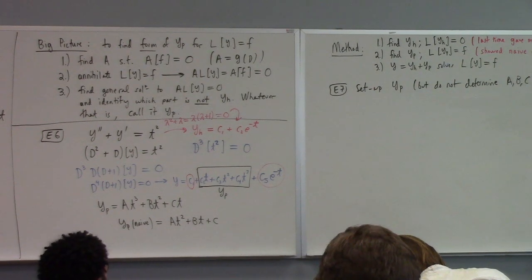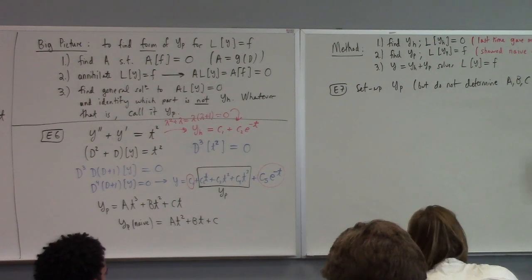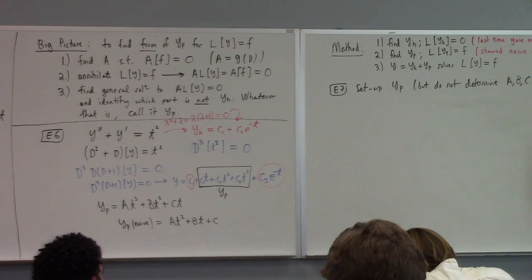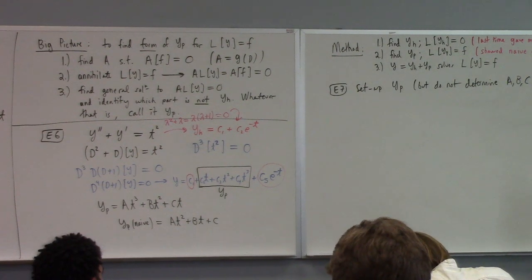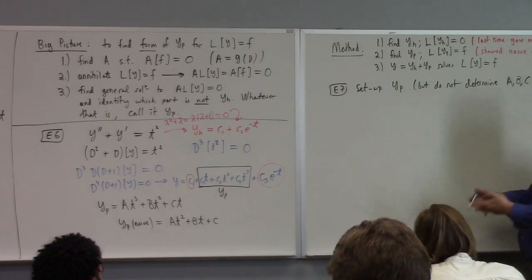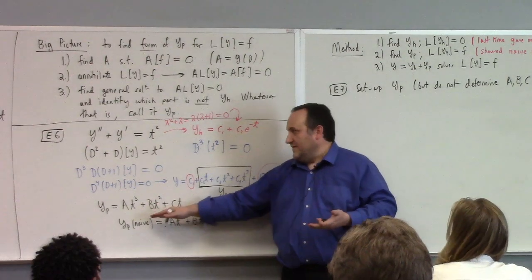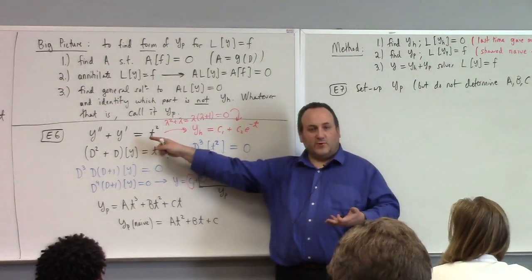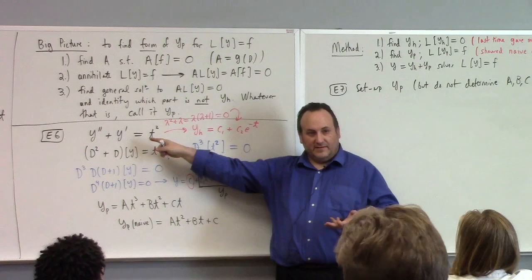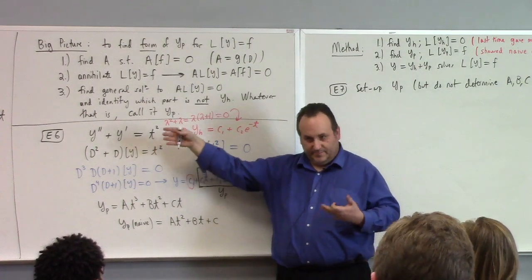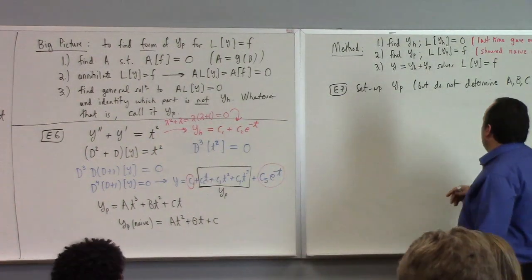Ignore it at your own peril. Every time I put a question like this, about 10% of the students don't see the "do not determine" and just start trying to determine it. But I said specifically, do not determine, meaning you don't have to do the rest of what's required, namely to differentiate again, plug it back in, and work out the values for a, b, and c.